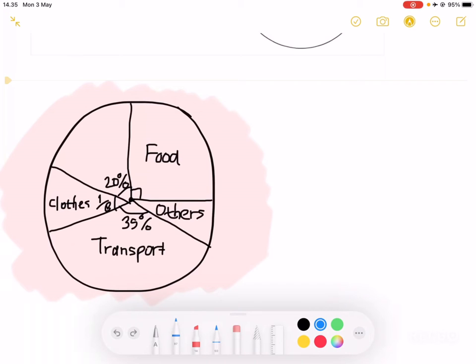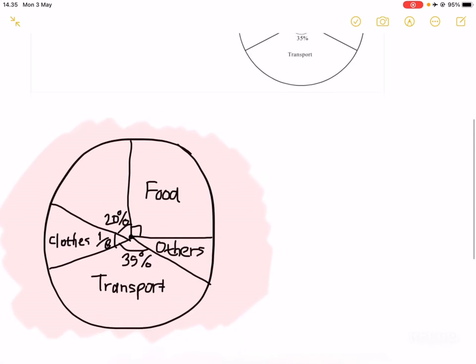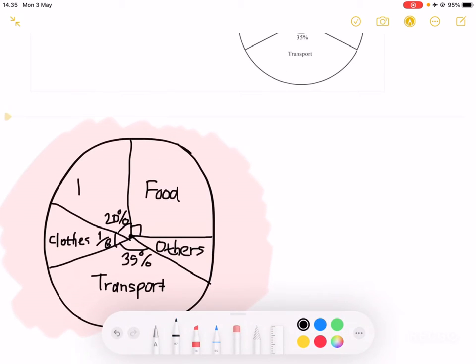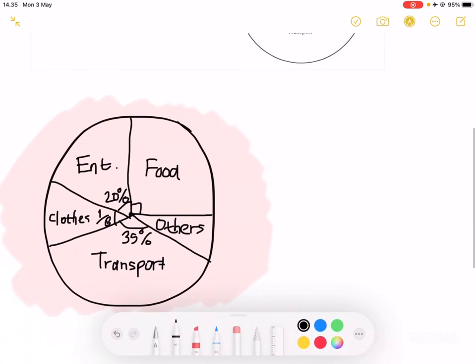Now to do that, we need to convert all of these measurements or angles into a percentage. And I forgot to label the 20% class as entertainment. I'll just put ENT just in case. Right, so I just convert this right angle into a percentage.